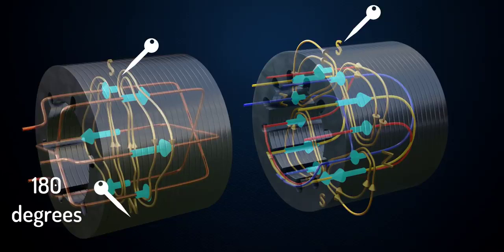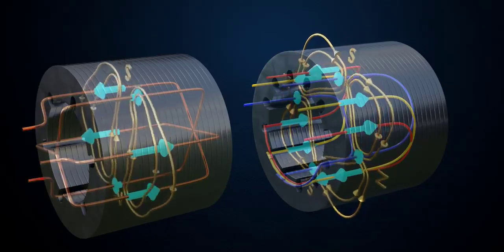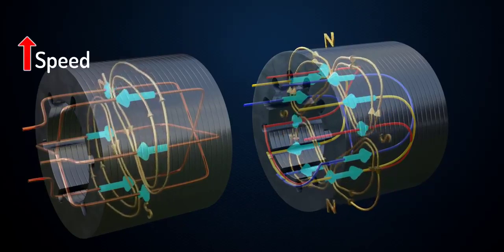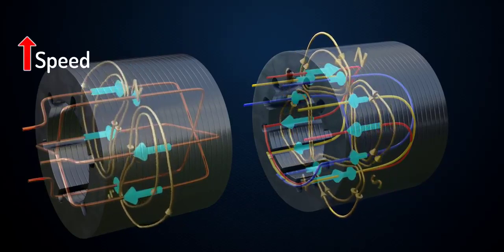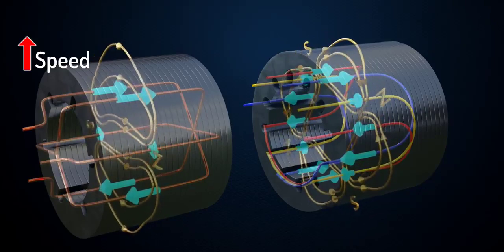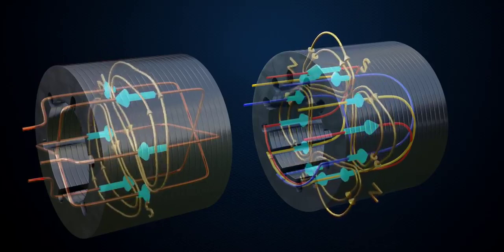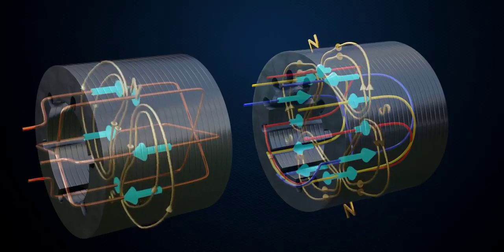However, in the four-pole winding, the N pole reaches just 90 degrees. Thus, the two-pole RMF has double the speed of the four-pole RMF. Eventually, the two-pole winding gives more speed yet lesser torque, and the exact opposite is the case with the four-pole winding RMF. As you go on increasing the poles, the relation of speed and torque stays the same.